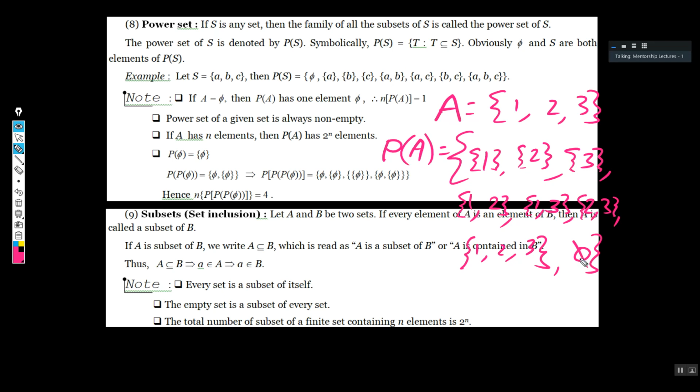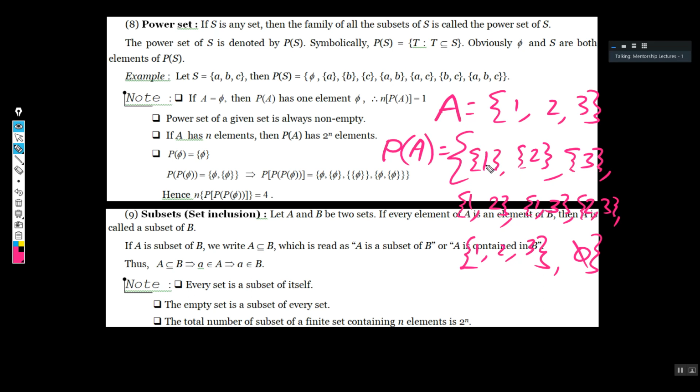So null set is a subset of every set. So power set of A is to be written like this: single element taken, double elements taken, triple elements taken. That is the set itself, and the null set is there. So this is denoted by P of A. So power set of any set is the set of all the subsets.